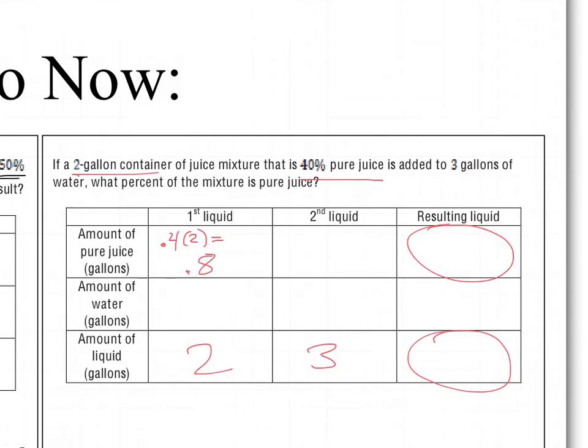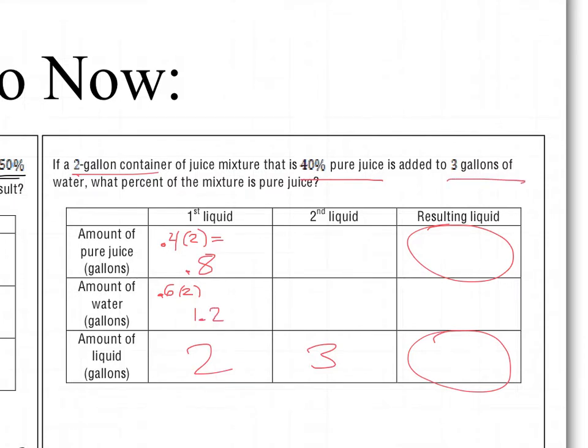We can subtract to find out, or we can say 60% must be the water. It doesn't really matter which way you think about it. Either way, we're going to get 1.2 of water.